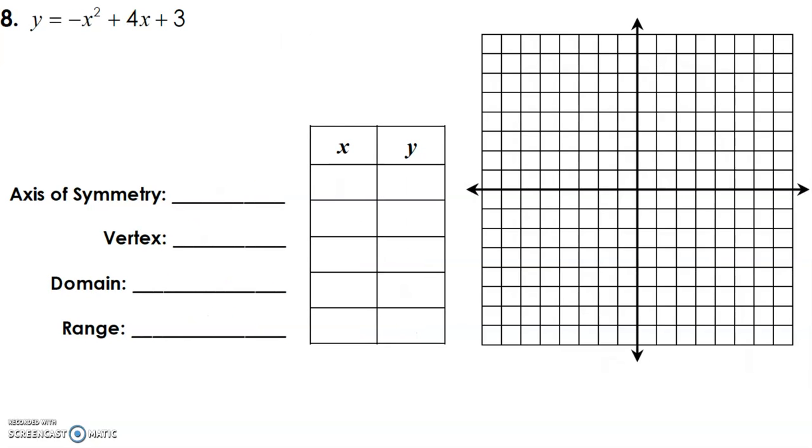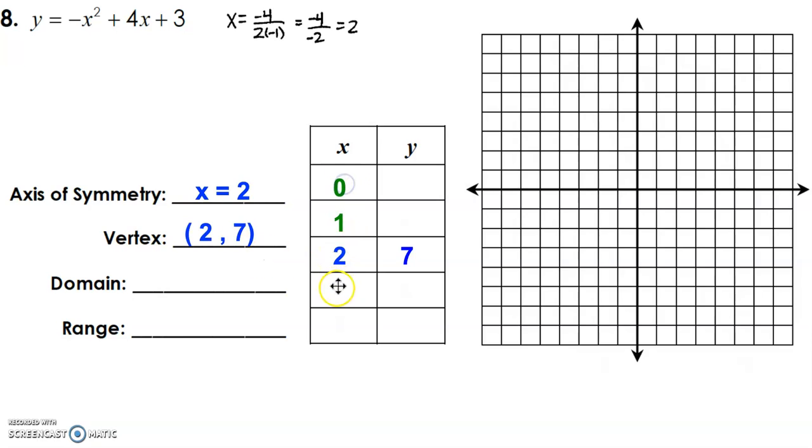The next example, plug in -b over 2a to find your axis of symmetry, which is +2. So x equals 2 is the x value of my vertex. Plug that into x and find the y value is 7. So my vertex point is (2, 7).